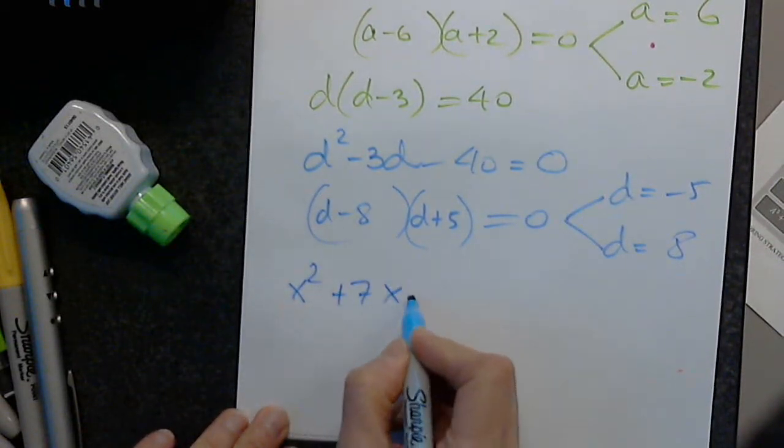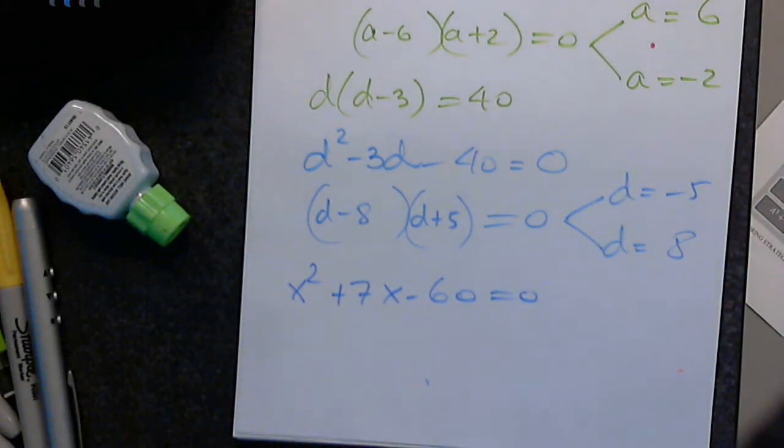x squared plus 7x minus 60 equals 0. Another straightforward situation. We have the answer. x minus... 12.